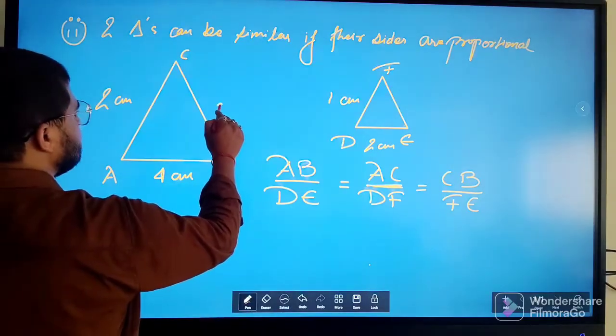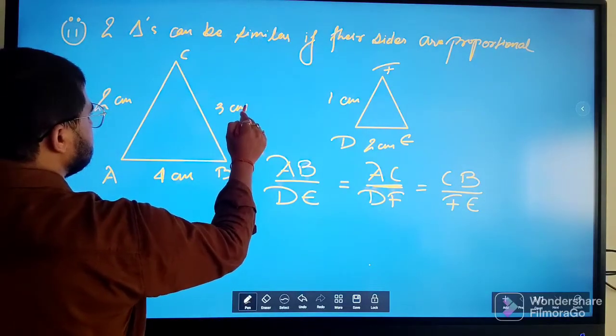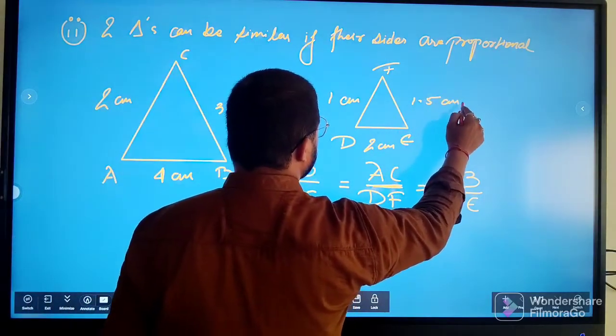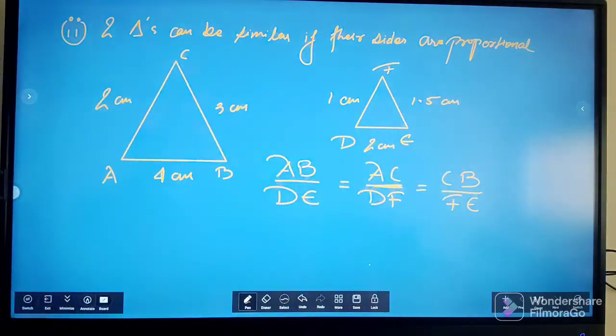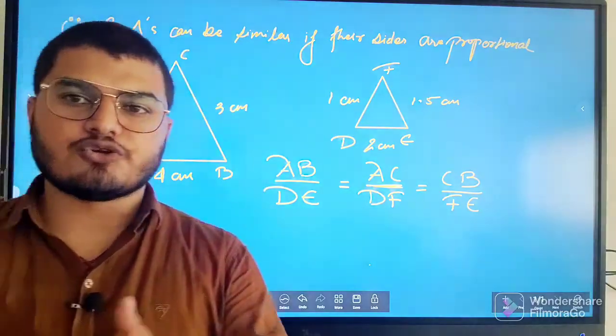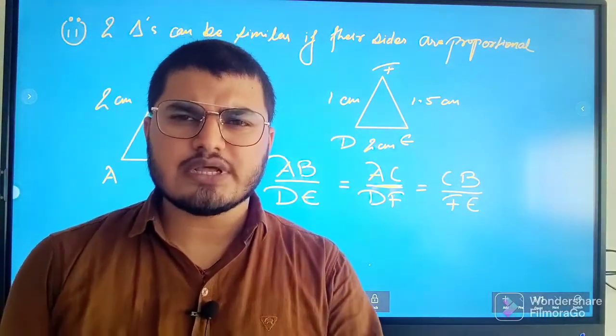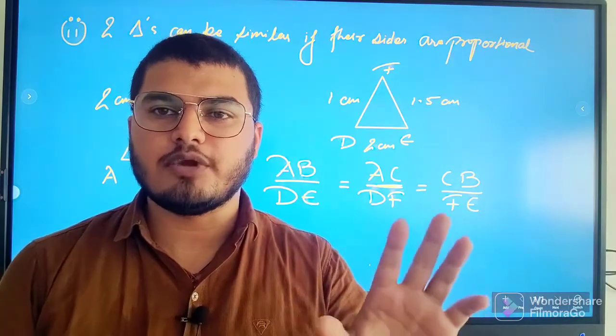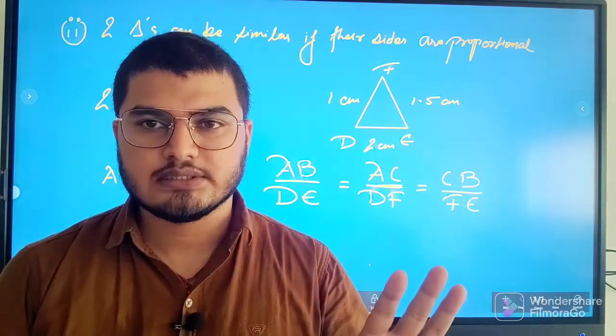If this is 3 centimeter, this should be 1.5 centimeter. Again the ratio is 2:1. So in this case also we can say that the two triangles are similar. These are the two basic conditions on which similarity is told between two triangles.